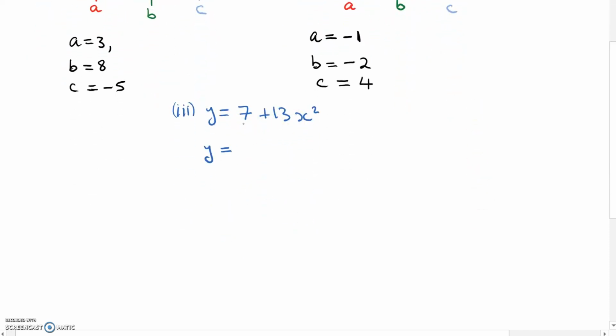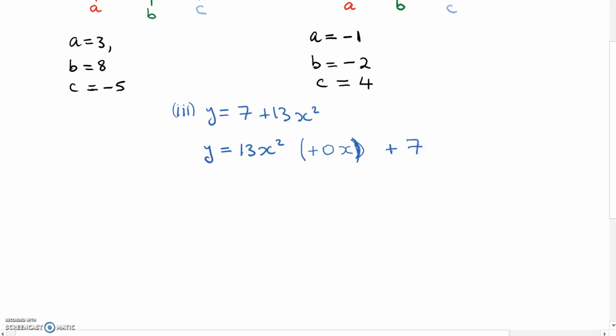It's going to begin with the ax squared term, which in this case is positive 13, so 13x squared. Now there's no x term. It's a good idea, if there's a term missing, just to leave it in there as plus 0x. So it's 13x squared plus 0x plus 7.